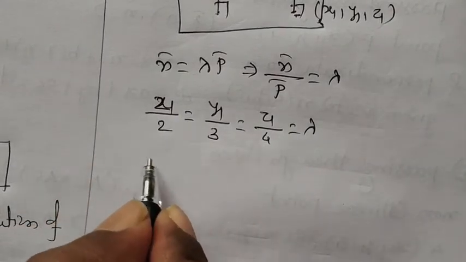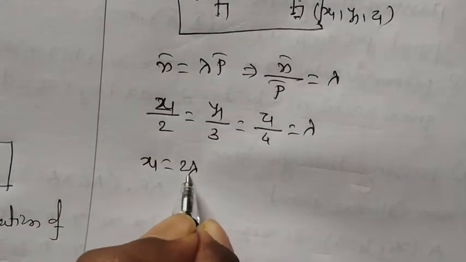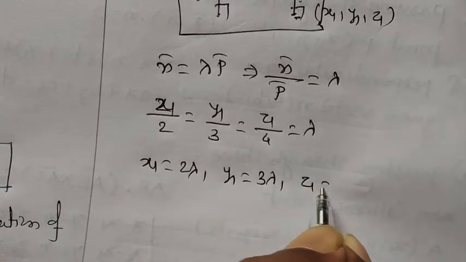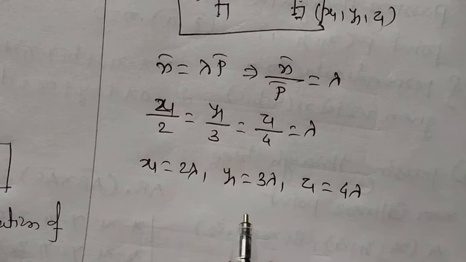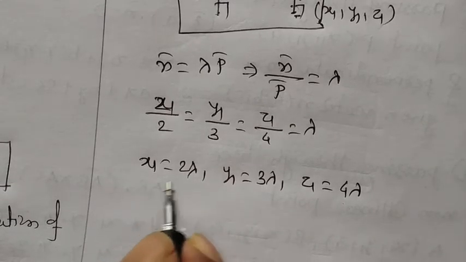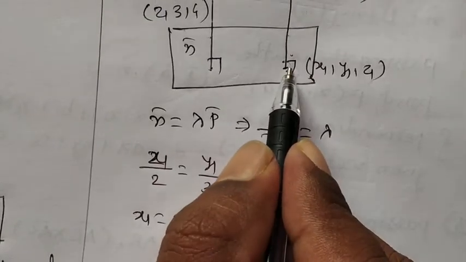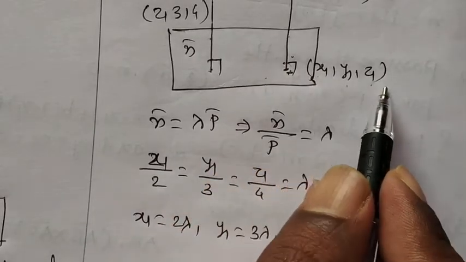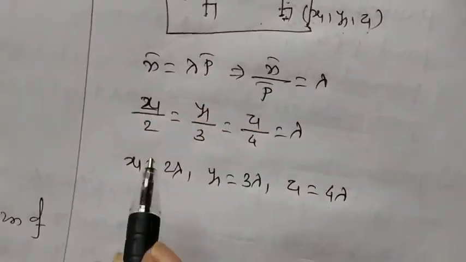Then x1 is equal to what? 2 lambda. y1 is equal to 3 lambda. z1 is equal to 4 lambda. Then the equation of the plane: if x1, y1, z1 lies on the plane, then x1, y1, z1 must satisfy the equation of the plane.